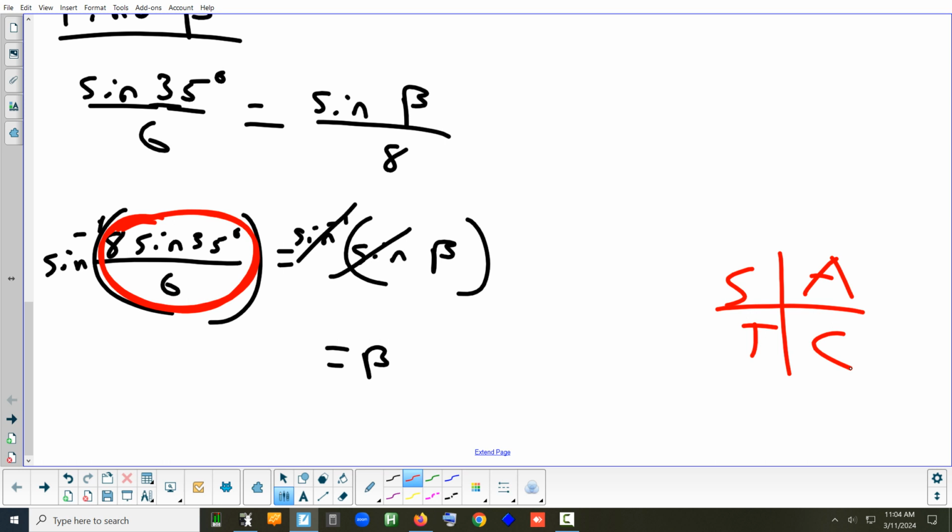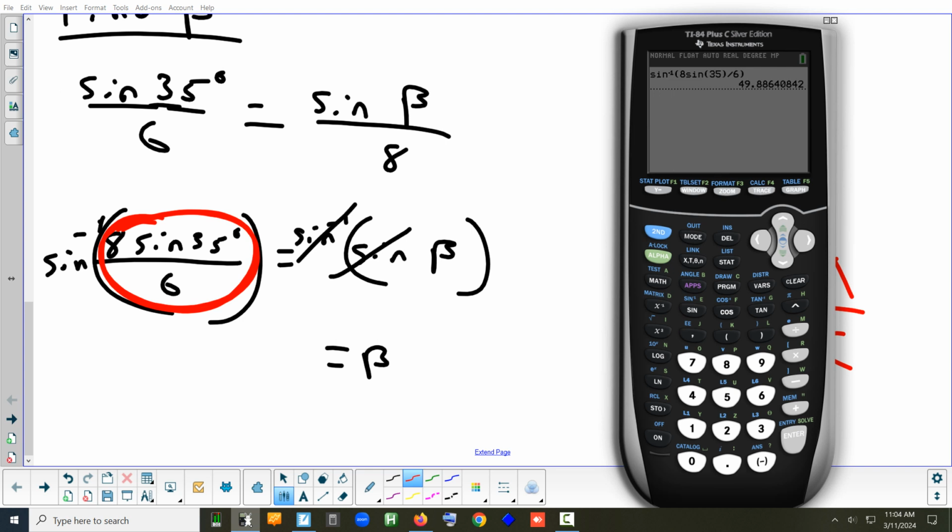What's the formula in quadrant 2 that we're going to do with the 49.886? Yeah, 180 minus. So we're going to do 180 minus the last answer that we got. Now I'm not going to write that down yet because I have to see if that answer fits. Okay, it's 130.116.